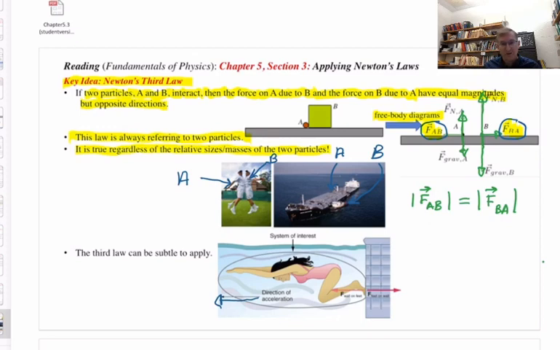Why does this swimmer have an observed acceleration to the left? To understand why a system, the swimmer in this case, accelerates in a given direction, you apply Newton's second law. So I need to know the net force on the swimmer. That means I need to know all the forces acting on the swimmer. No other forces are to be considered. Only forces on the swimmer.